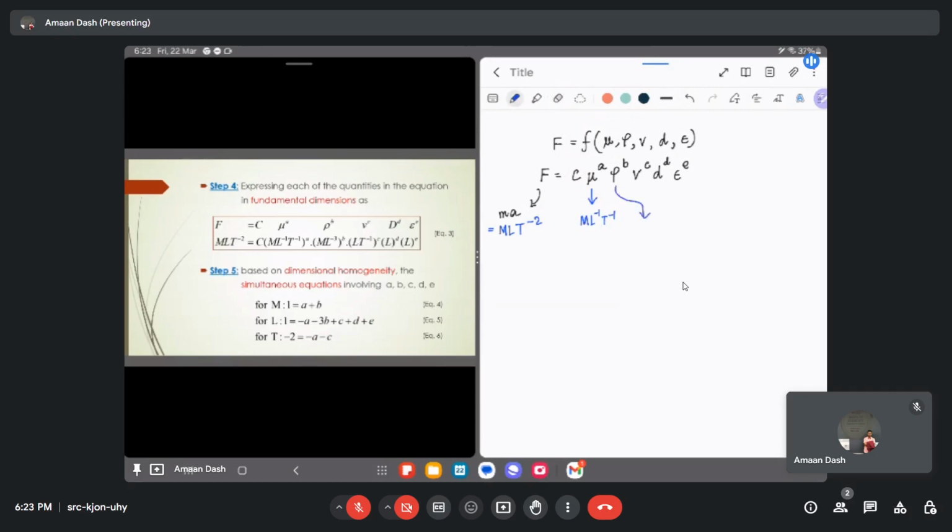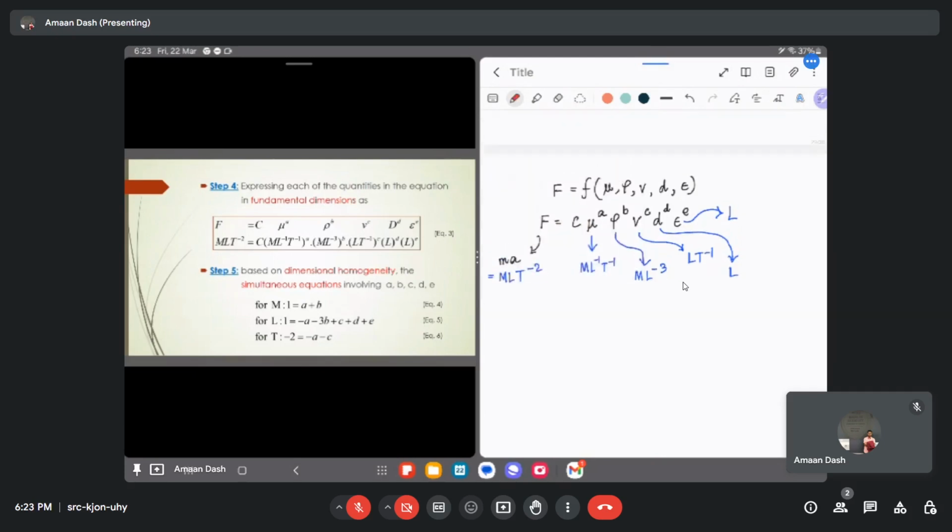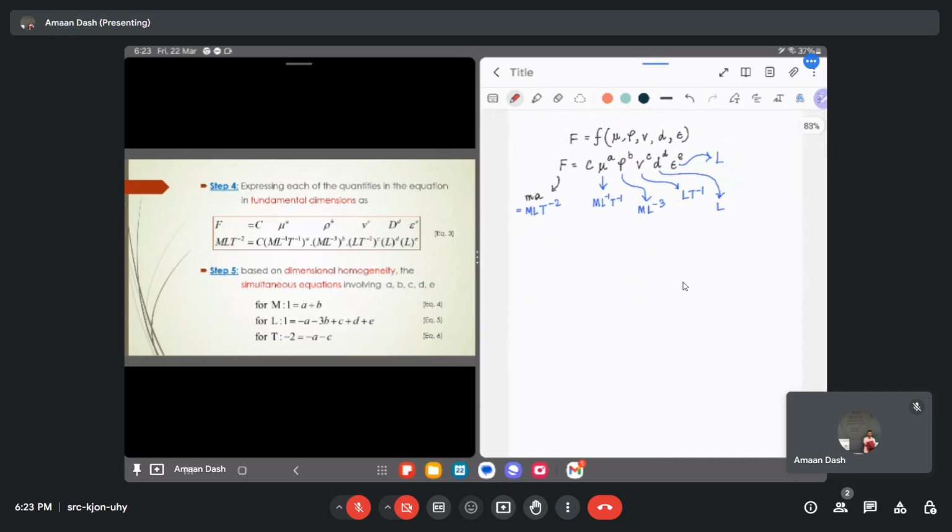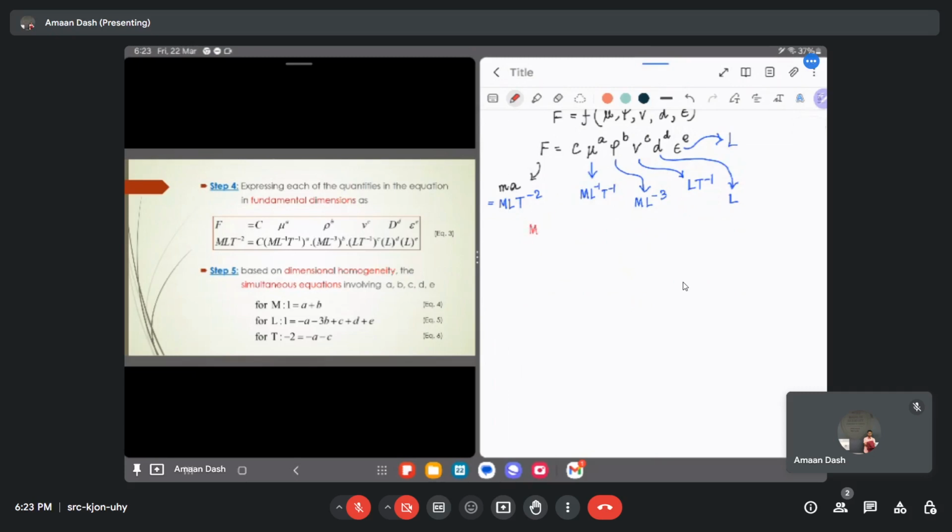Now this is density, mass per unit volume, so we have M L to the power of minus 3. This is velocity, similarly we can write L T to the power minus 1, and diameter is nothing but L, and similarly roughness is also nothing but L. So on the left side we have M L T to the power of minus 2, and this side we can write M L to the power minus 1 T to the power minus 1, to the power of a.